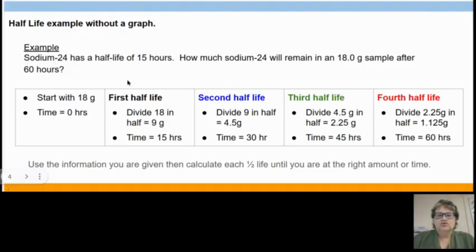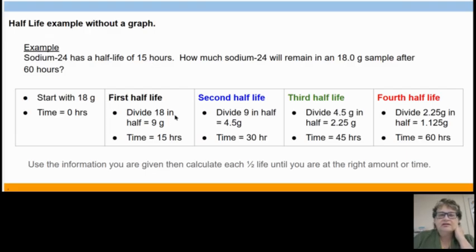The easiest way to do this is to say, I'm starting with 18 grams. My first half-life is when we're at half of 18, so it's 9 grams. That happens at 15 hours, right? They told us that up here.